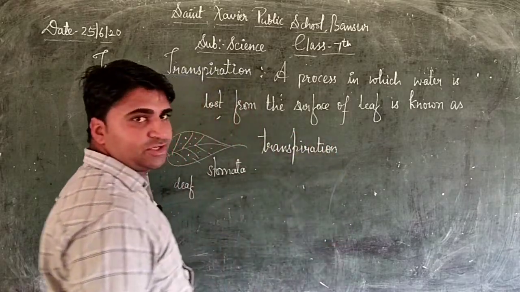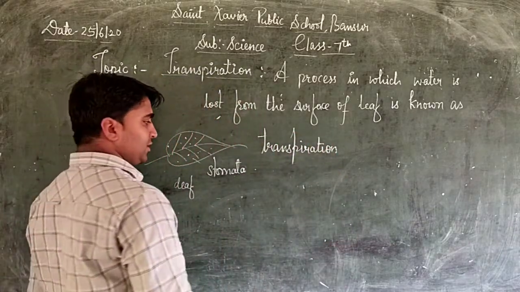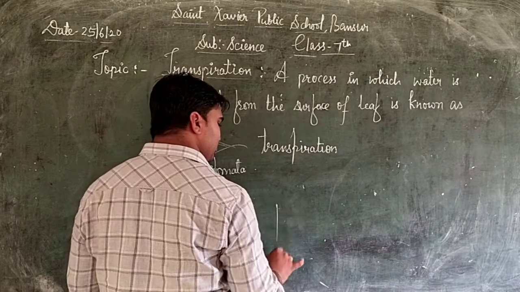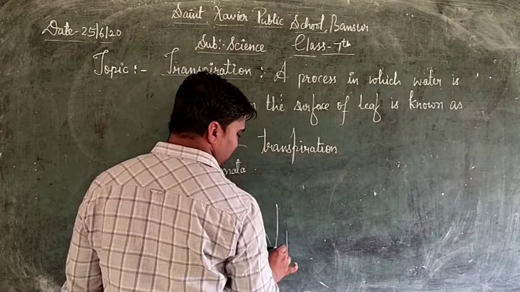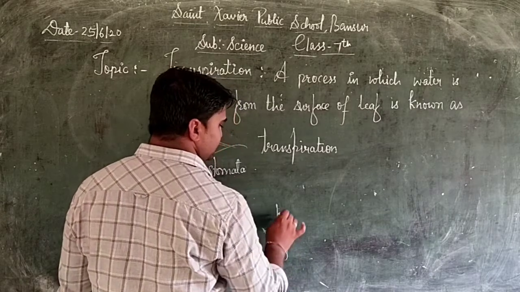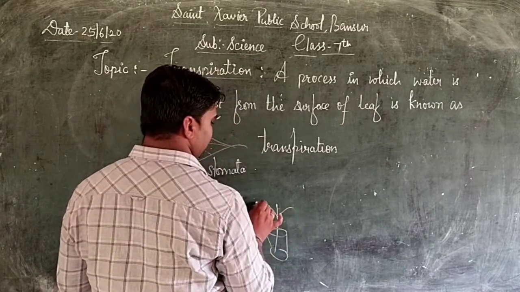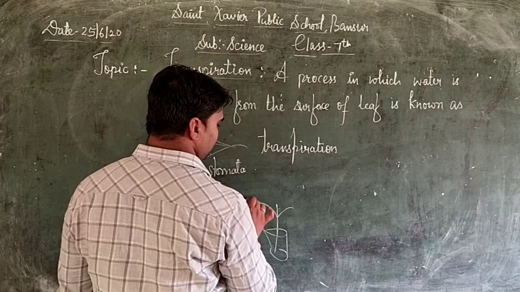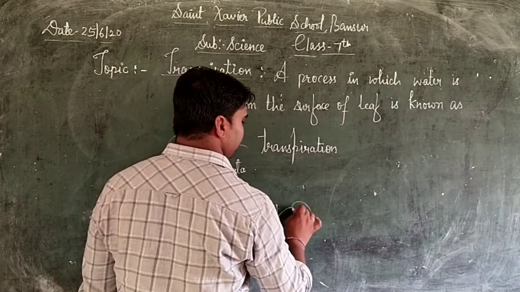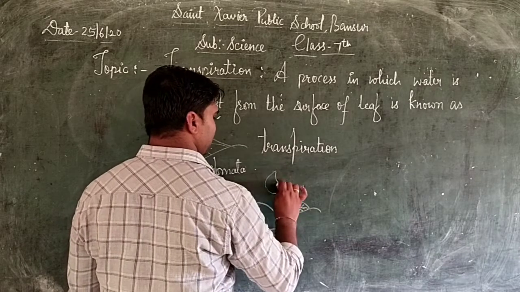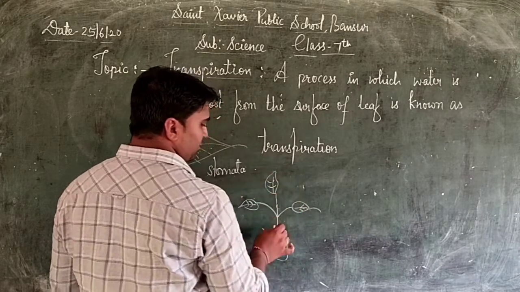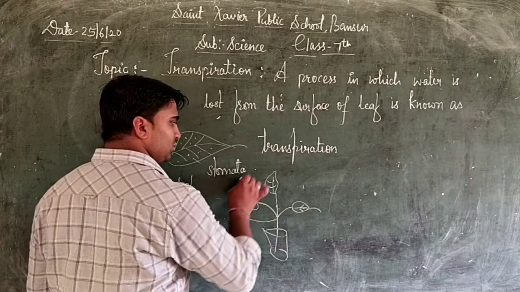For this process, if you want to do any experiment, then you can do this experiment. You have to take one plant, a potted plant, like this. In this potted plant, you have to take one polythene.